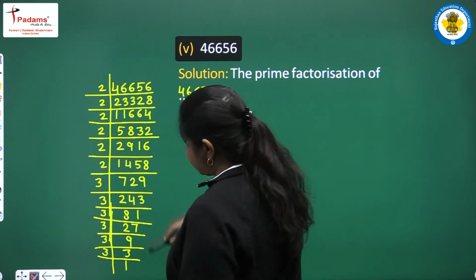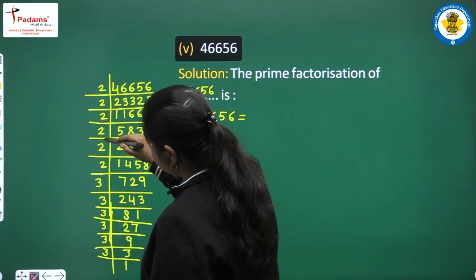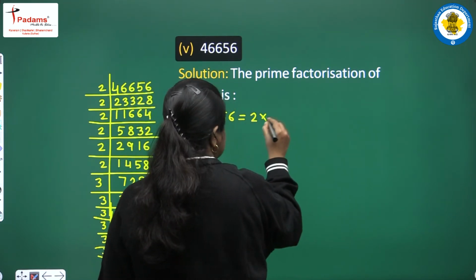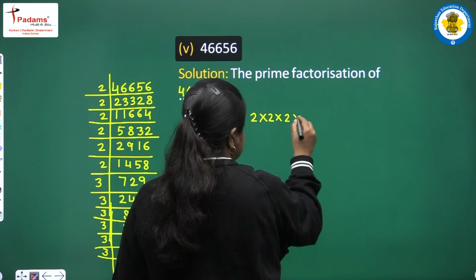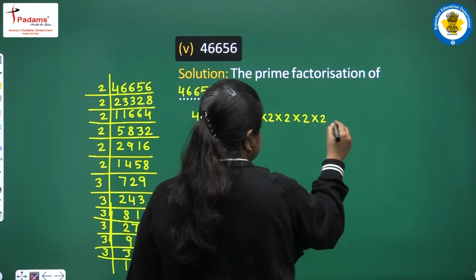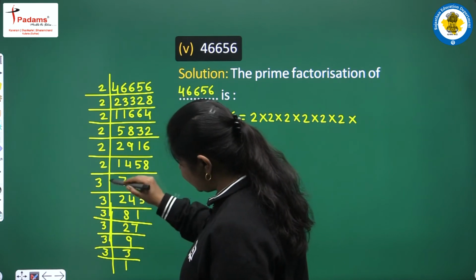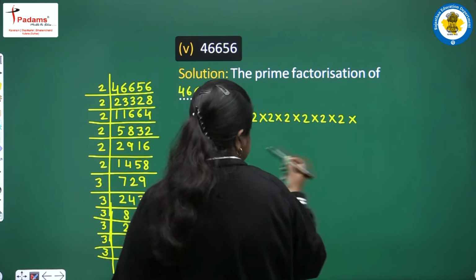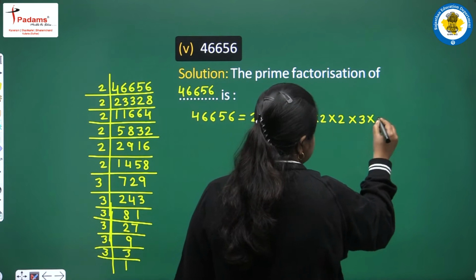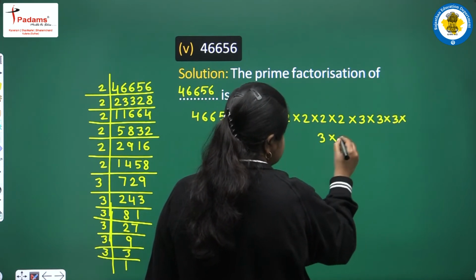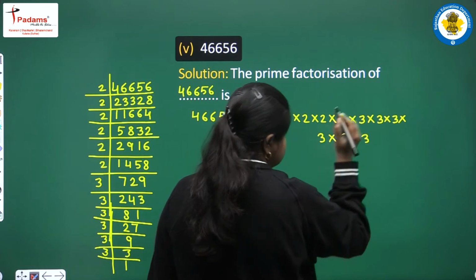How many 2's are there? 1, 2, 3, 4, 5 and 6. 6 times 2. And let us see how many 3's are there. 1, 2, 3, 4, 5, 6. Similarly 3, 3, 3, again 3, 3 and 3.